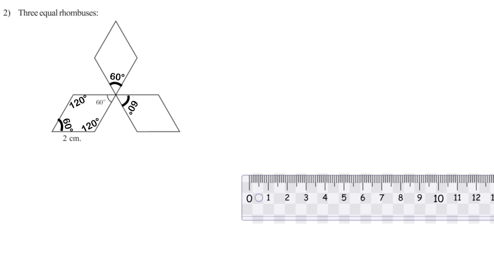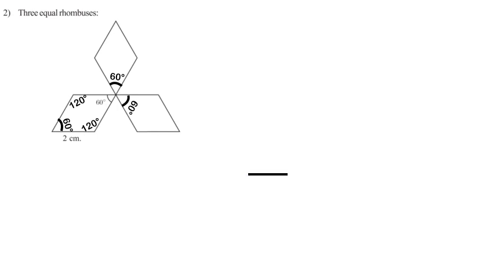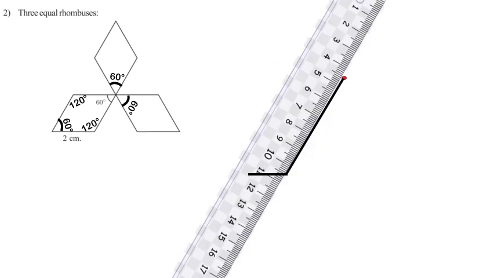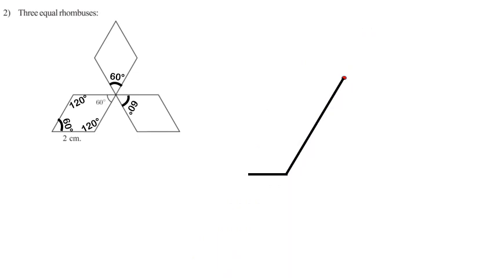Then start drawing. First draw a horizontal line of length 2 centimeters. Then use our protractor and mark a 120 degree angle from the right end of the line. Then use a ruler and draw one straight line to this point. And we know all sides of a rhombus are equal in length. So take 2 centimeters in our compass and draw one arc to the slanted line.